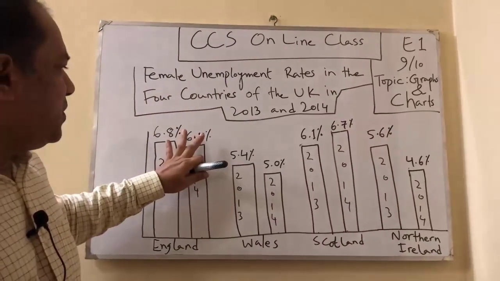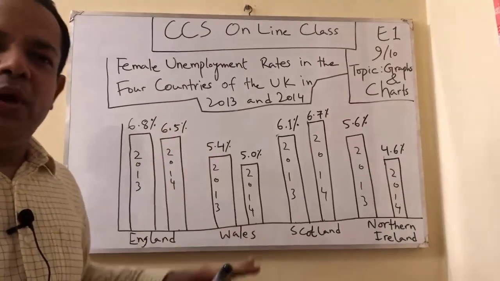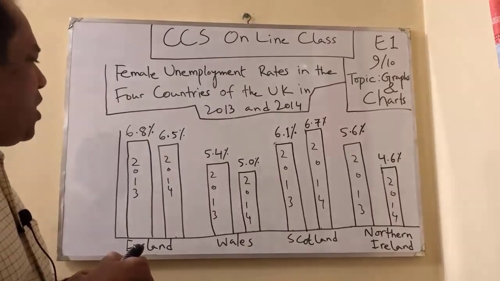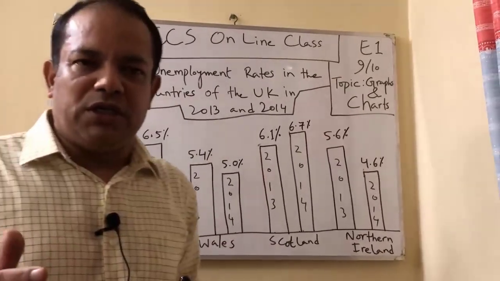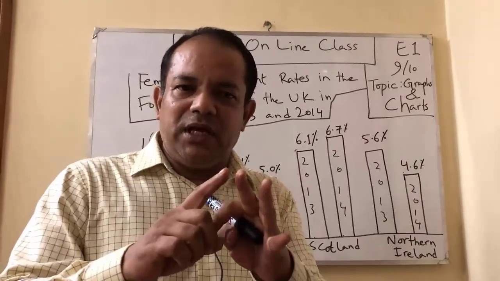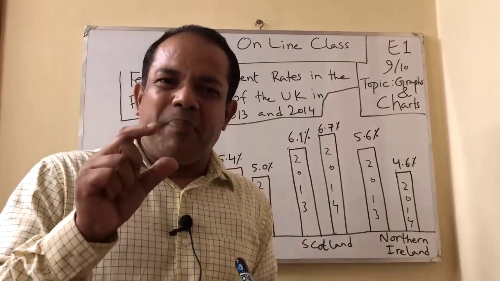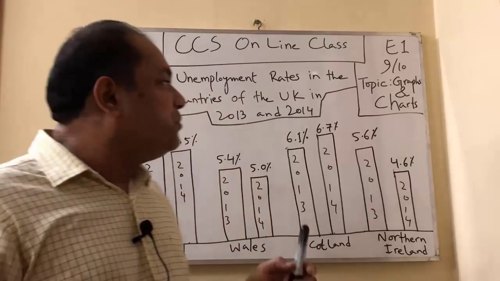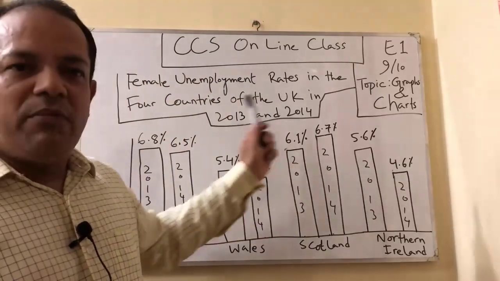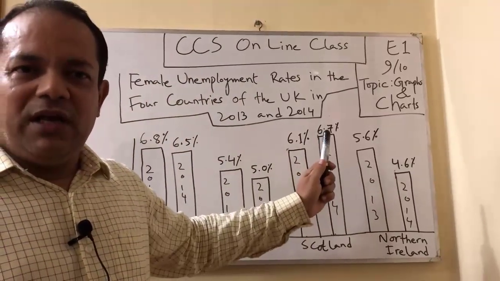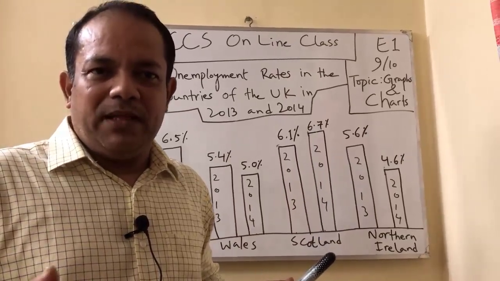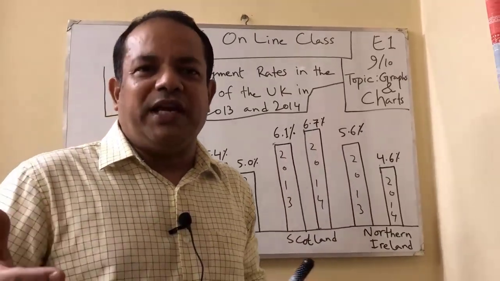And now, when we start writing, at first we go for the introduction. That means paraphrasing of your question. So from this bar chart, what should be your introduction? In the first sentence, what should you write?